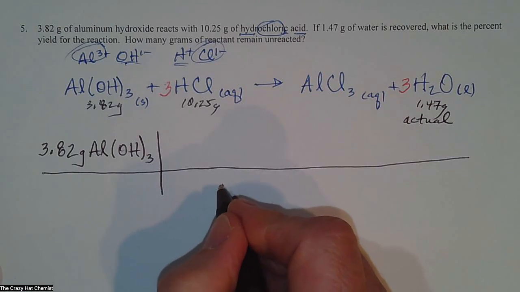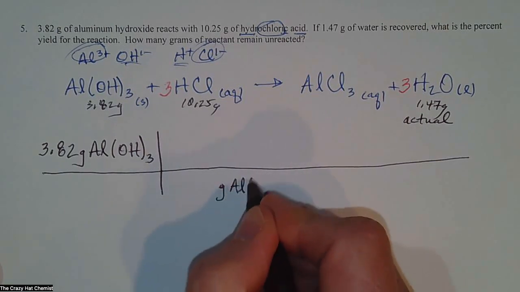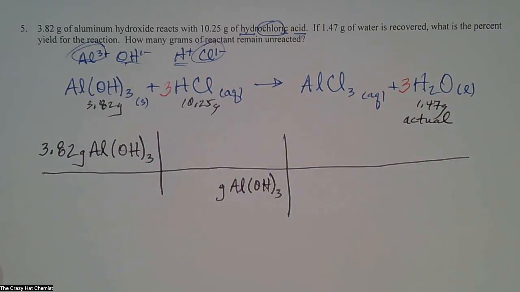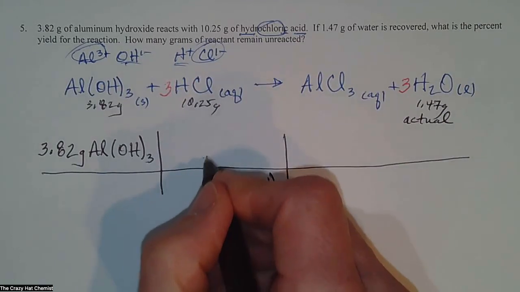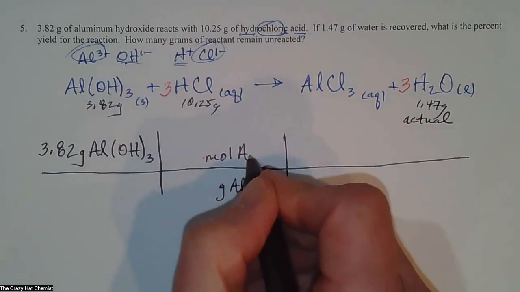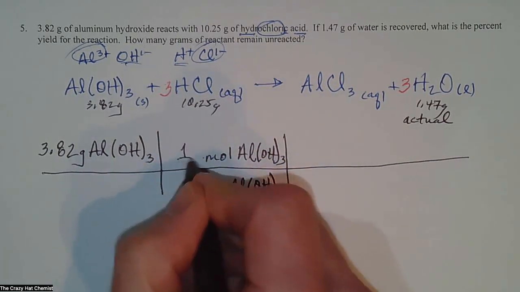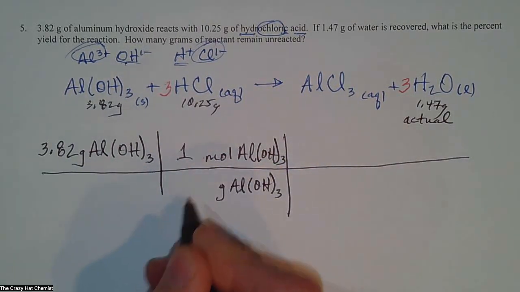So this is going to be grams of aluminum hydroxide down here in the denominator. And we are going to say that we have moles of aluminum hydroxide. This is 1 mole. This will be the molar mass.